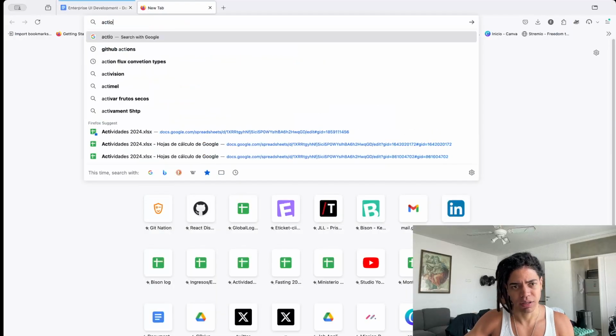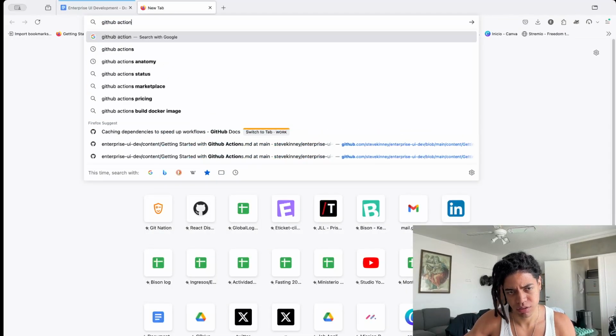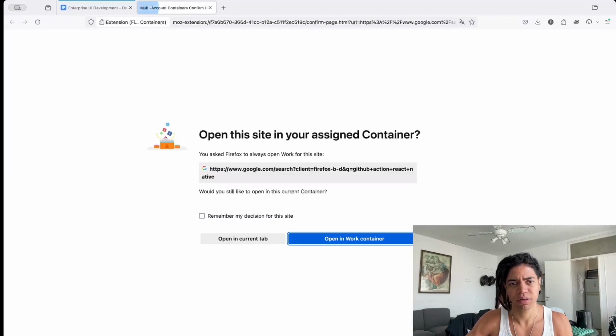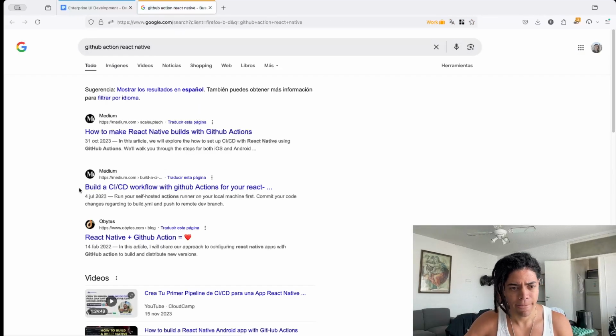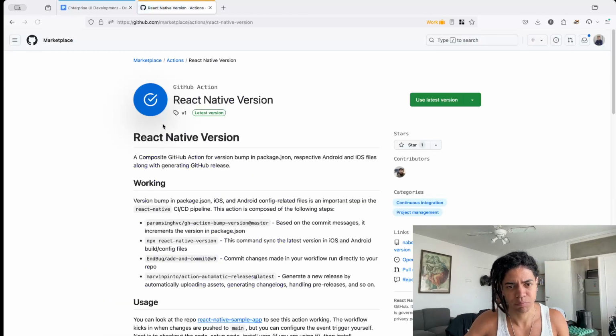You can take a look at the GitHub Actions for React Native, right? In the Marketplace, Actions, React Native Versions, for example, this React Native Version: a composite GitHub action for version bumps in npm package, and the respective Android and iOS files.